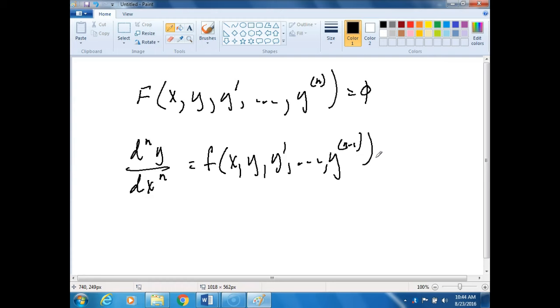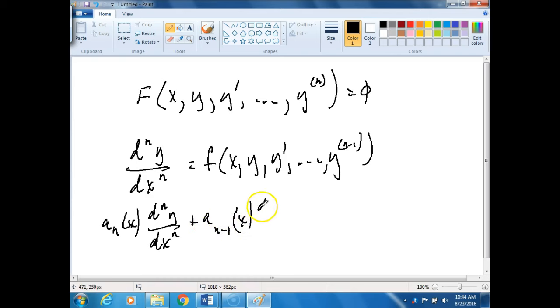So, a sub n of x, d to the nth y dx to the nth, plus a sub n minus 1 as a function of x, d to the n minus 1 y dx to the n minus 1. Yuck.